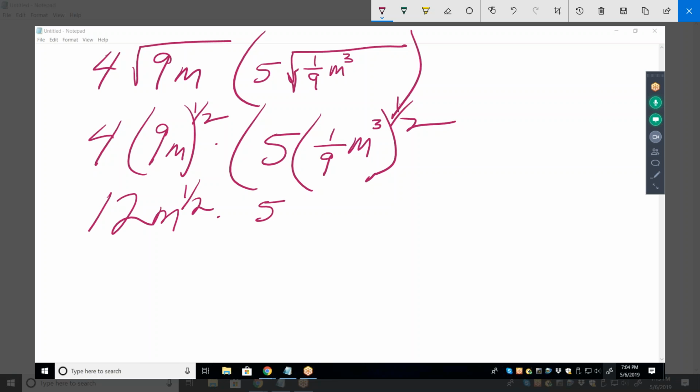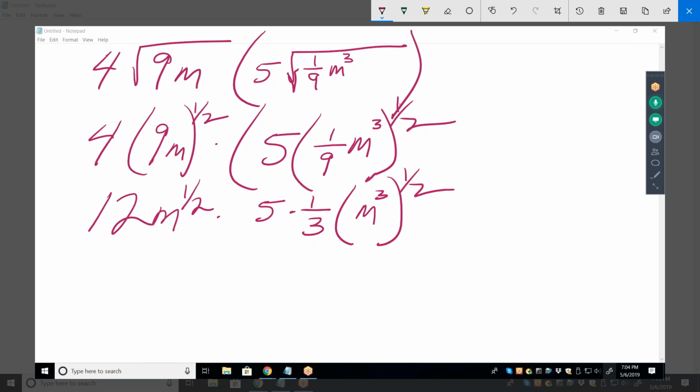Is there anything I can do with that 1/9? What's the square root of 1/9? A third. So yeah, I can take that 1/9 outside, leaving behind m cubed to the 1/2.